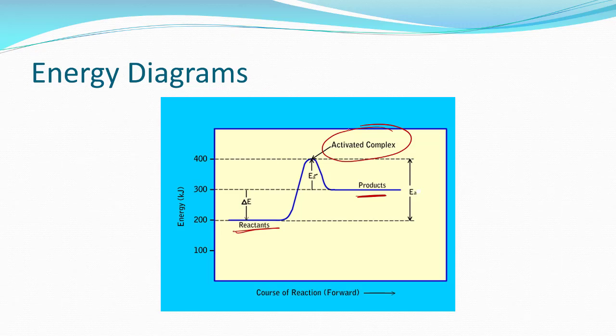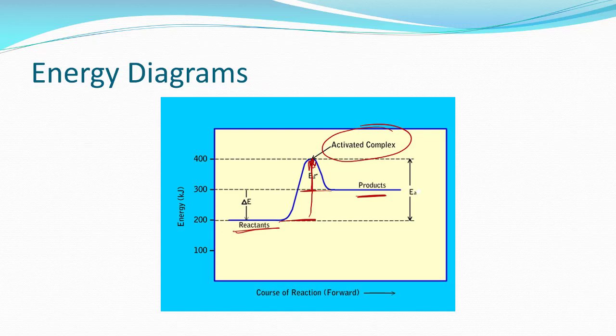And when they do, we can form new bonds. We can also figure out what the activation energy is. That usually is from the reactants up to the peak of the graph. That would be the activation energy in the forward direction of a chemical reaction. And there's also activation energy in the reverse direction, meaning from the energy of the products up to the peak of the graph.